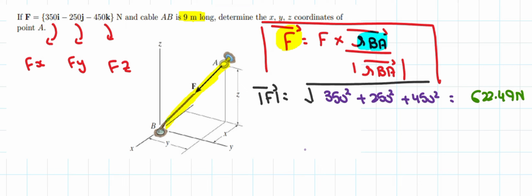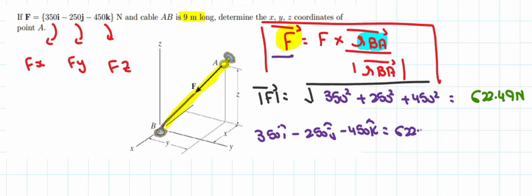Now the vectorial form of force is given by 350i minus 250j minus 450k, which is equal to the magnitude of force, the value of 622.49, into the position vector r_BA, which we are going to find out, divided by the magnitude of r_BA.